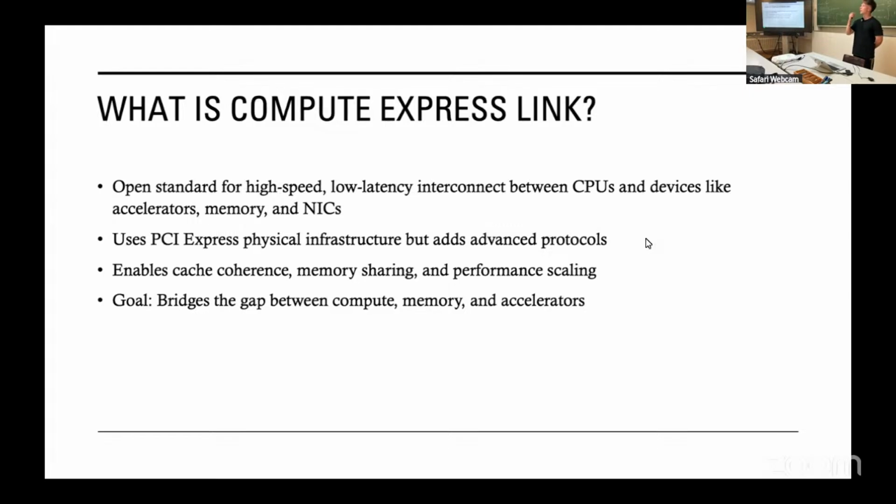But before we dive deeper into that, we're going to motivate something called Compute Express Link, short CXL. CXL is an open standard for high-speed, low-latency interconnect between CPUs, or for example, network cards, and it uses PCIe buses, but uses its own protocols, and it's supported by, for example, Intel or AMD.